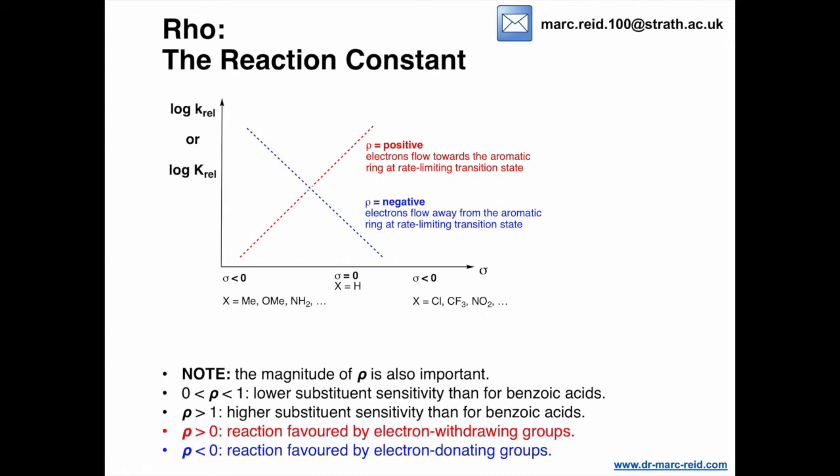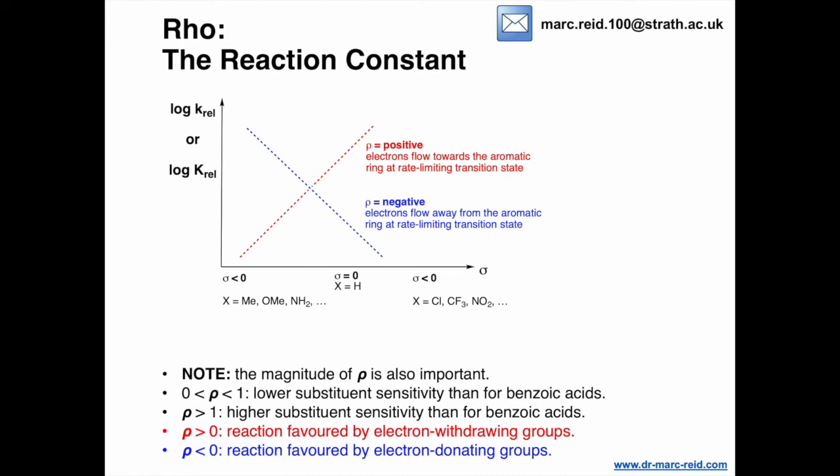If ρ is greater than 1, the substituent presents a greater sensitivity to the reaction under study than for benzoic acid deprotonation. In terms of directionality, whether the line slopes up or down, if ρ is greater than 0 or slopes up, the reaction under study is said to be favoured by electron withdrawing groups.